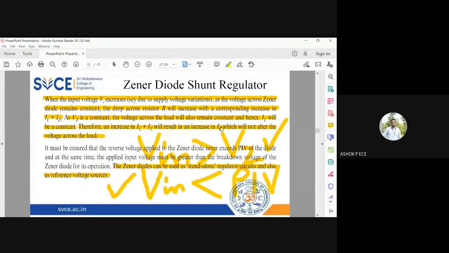That has to be explained very clearly, and you have to give the condition relating Vin, VZ and PIV. These formulas are very useful for designing the circuit for voltage regulation. Okay.